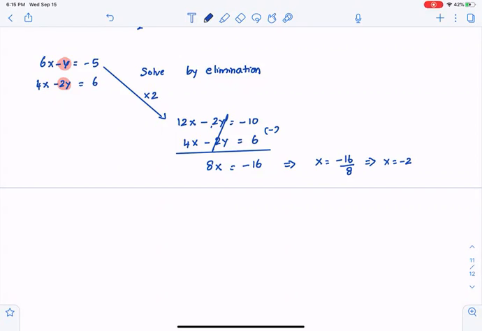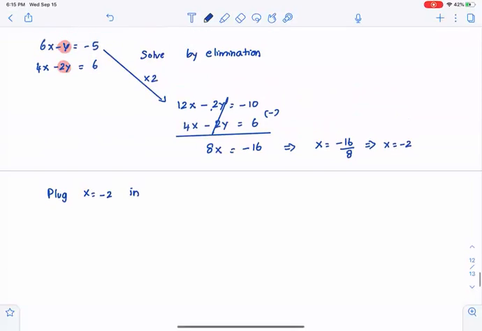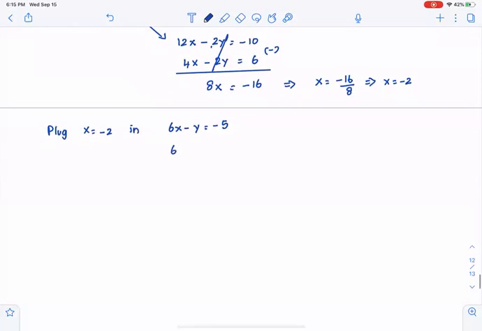Once you have the value of x, you can plug it back in one of the two equations, entirely up to you. I'm going to go with the first one. 6 times negative 2 minus y equals negative 5, which would mean negative 12 minus y would equal negative 5.